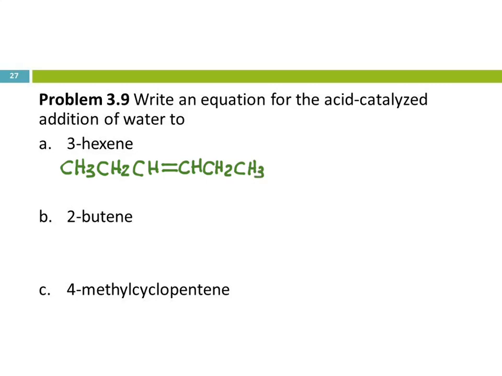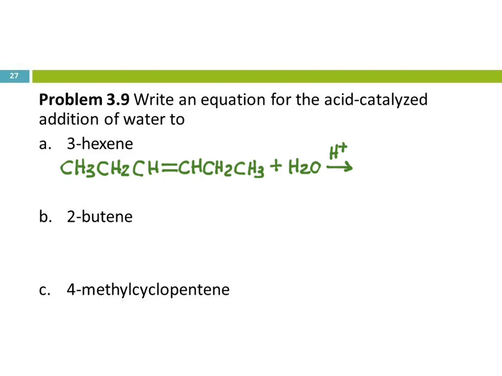Yeah. So the double bond's right in the middle. So there's 3-hexene plus water, an arrow with an H plus over it. And then this probably isn't going to fit over on the right, so I'll just kind of draw it below.